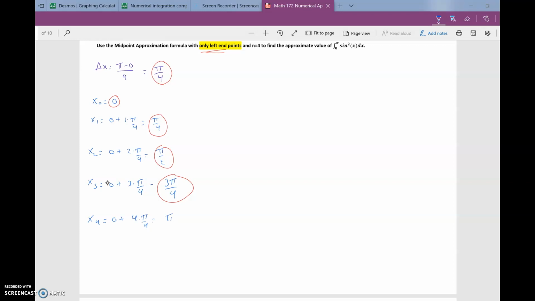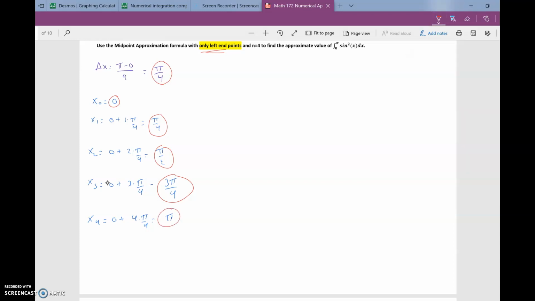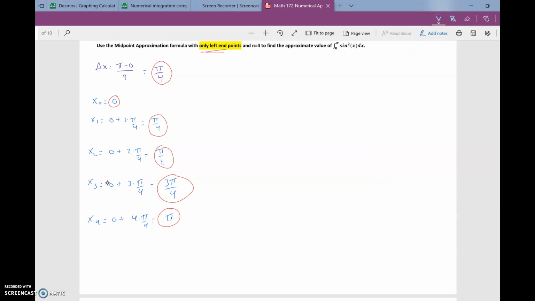Okay, and then we have to be careful here, because it's just using the setup of the formula, but it's not going to be the regular formula. So we're not finding the midpoints. We're just using the setup of the formula, meaning the f's.